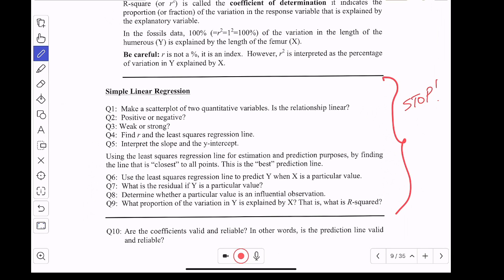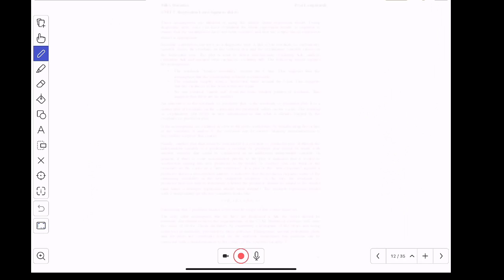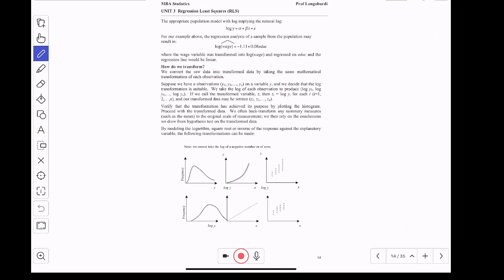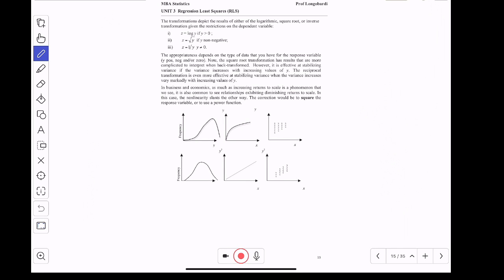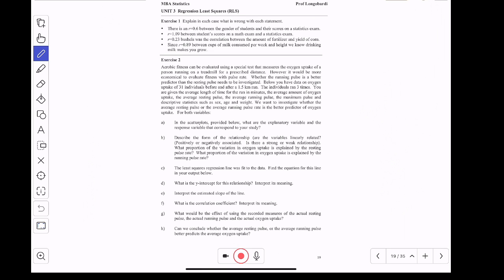Unless you want to have a greater depth of understanding, you can read the rest. The rest, there's like another 10 pages. And then here, start again on page 19. And here you have a bunch of exercises, practice.